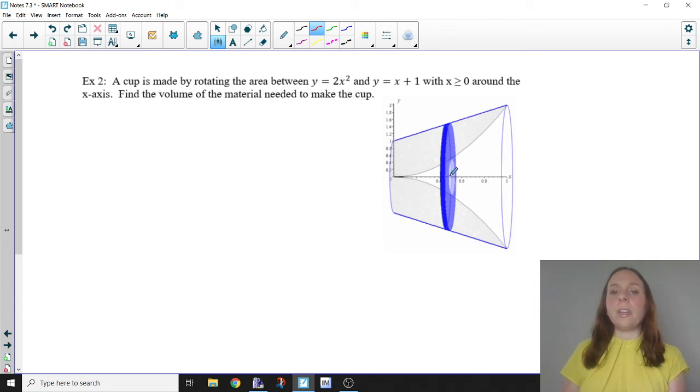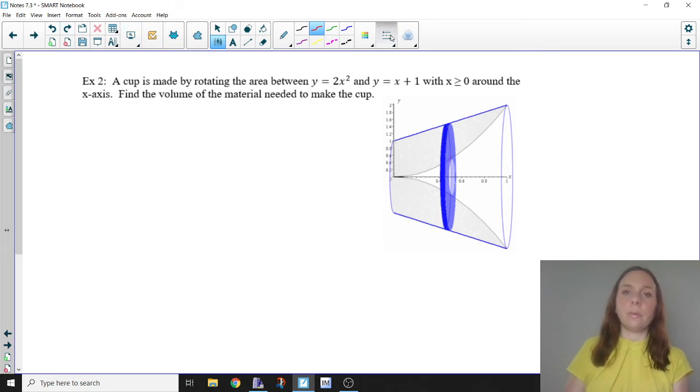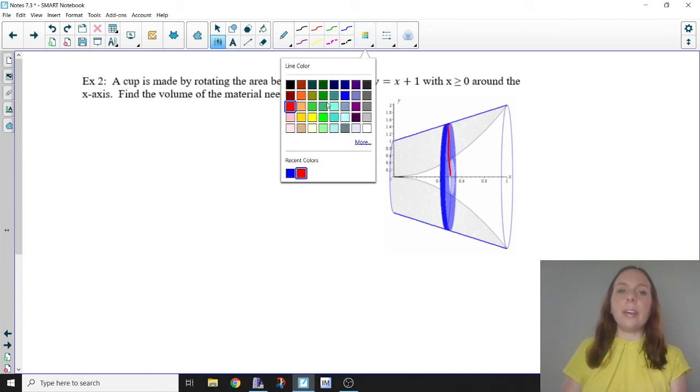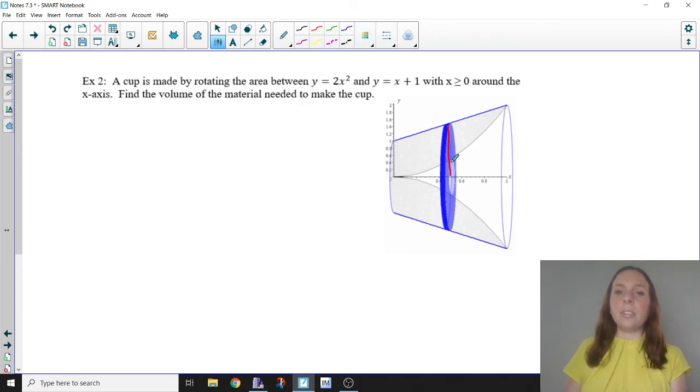Okay, so if you think about how to find the area of this circular region, you would say, let's find the area of the overall circle, which would come from pi times the upper function squared. And we want to take out of that the area of this hole, the region where we see a hole, and that would come from pi times the lower function squared.